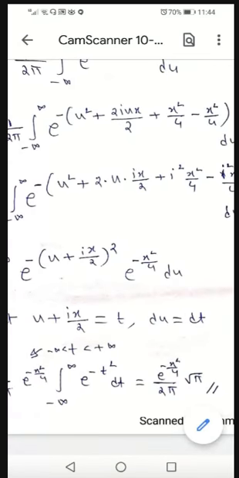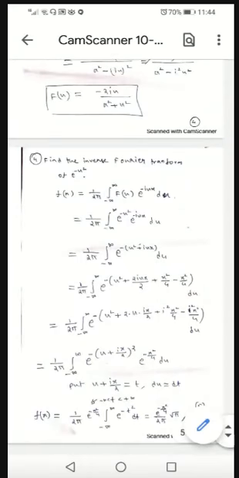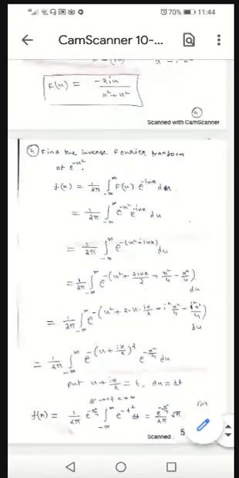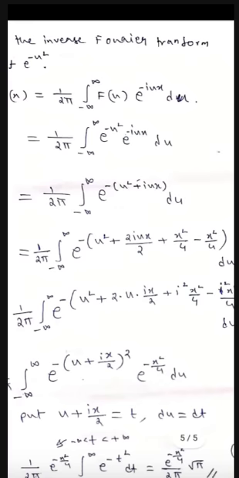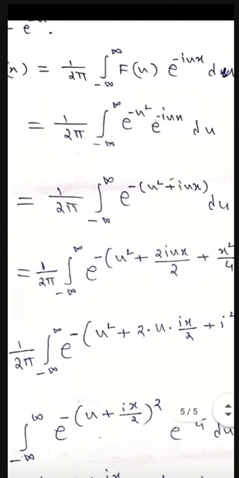So in the place of the integral e power minus t square dt, I put root pi. Yes, this is f of x, the inverse Fourier transform. Could you tell me why I use this concept? See, 1 by 2 pi integral from minus infinity to plus infinity e power minus u square plus iux du.